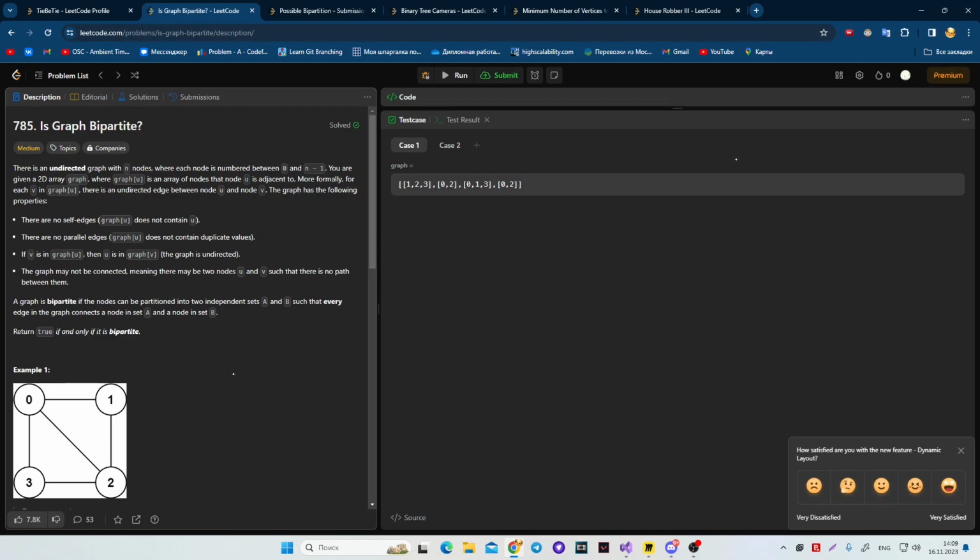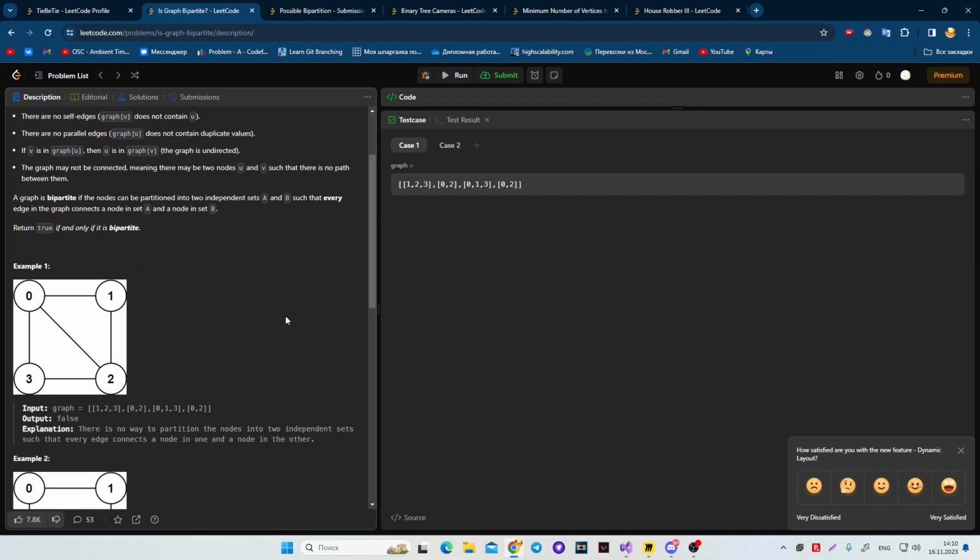We launch DFS and paint the next vertices alternately red or blue. And if we can paint our graph in this way, we get that our graph is bipartite.